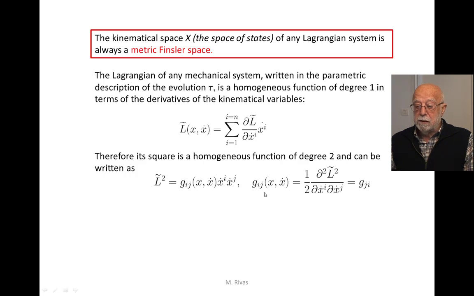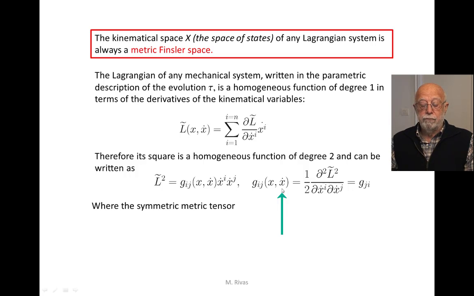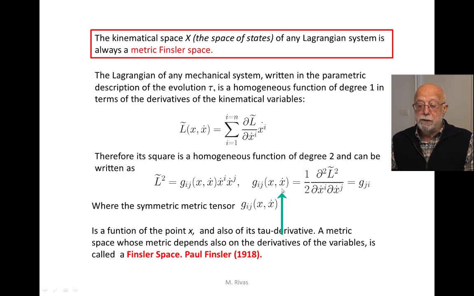But here, these coefficients are also functions of x dot. Then this symmetric tensor is a function of the point x, but also of its tau derivative. Then a metric space, whose metric also depends on the derivatives of the variables, is called a Finsler space.